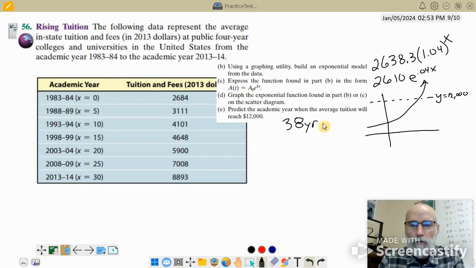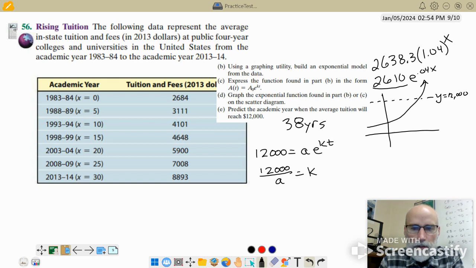And I've been stressing that you need to solve algebraically as well, right? So we're going to take the number that they told us, 12,000. I'm going to put 12,000 here. And I'm going to put this is my A value, right? So I'm going to put A e to the kt, and I'm going to just use the A and the K. So I'm going to divide by A. So I get 12,000 divided by A is equal to e to the kt.